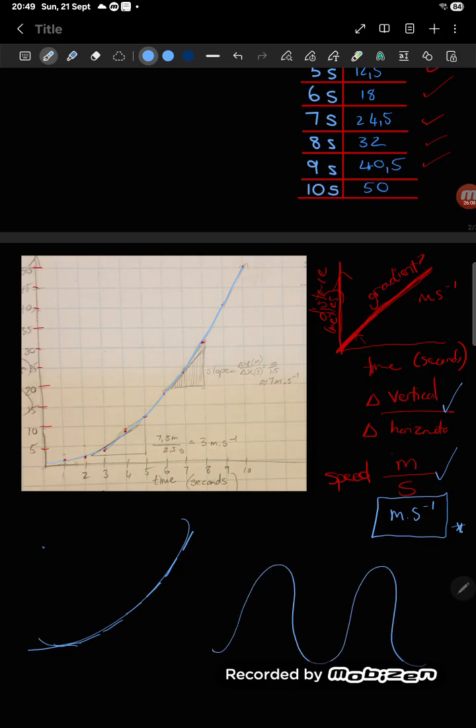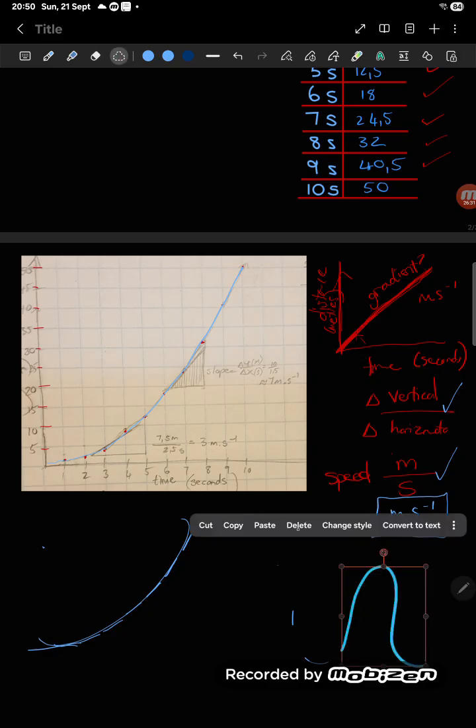Even if I take a curve like this, the gradient is zero here, now it's very steep. Now it's gentler, now it's completely steep. Now it's a bit gentler, and the gradient is different at every point over the curve. Okay, and we haven't gotten to grade 12 calculus yet, and calculus helps us work out the gradients of curves.